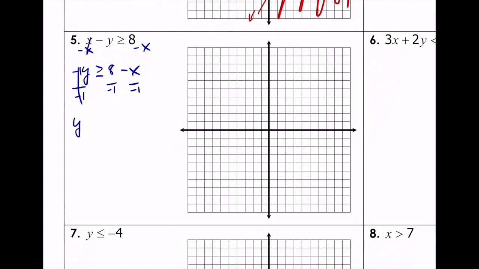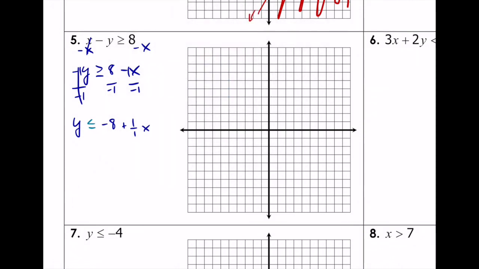So we have y, and because we're dividing by that negative, we're flipping this inequality the other direction. Negative 8, and negative 1 over negative 1, well, that's just positive 1 over 1. And I know it can be kind of silly to write 1 over 1 as a fraction because it's just 1. But I like to keep my slope as a fraction because it helps me when I'm graphing.